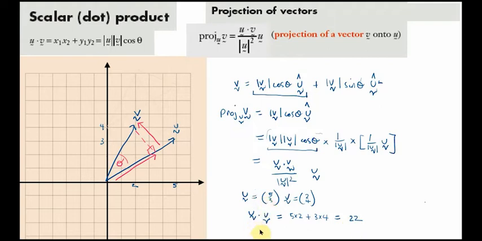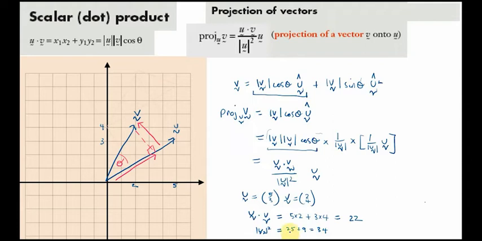Now, the magnitude of U squared from the component form is 5 squared plus 3 squared, 25 plus 9 equals 34.